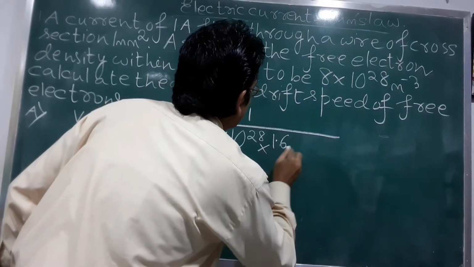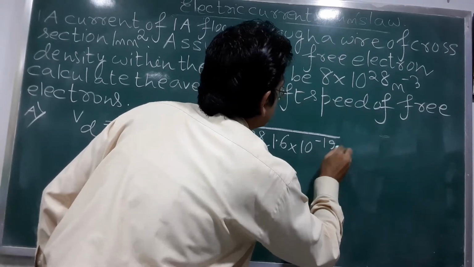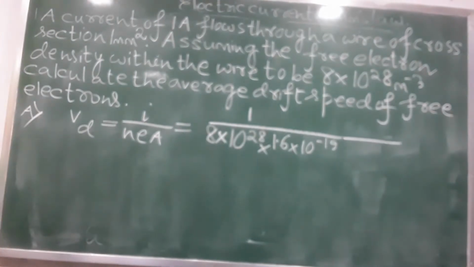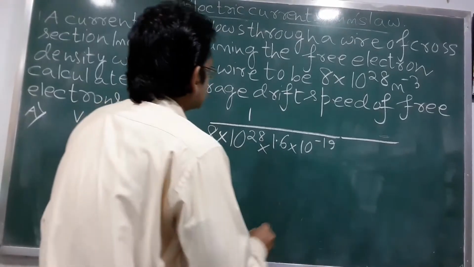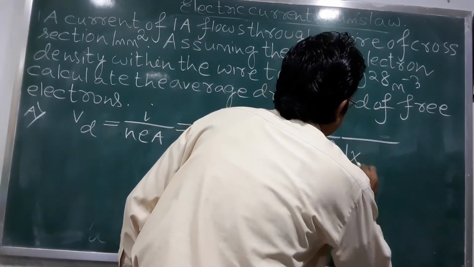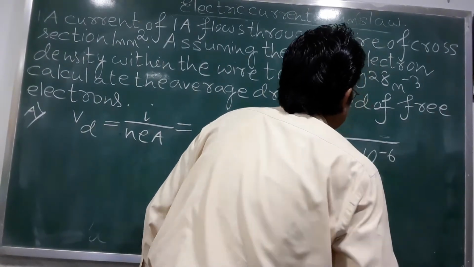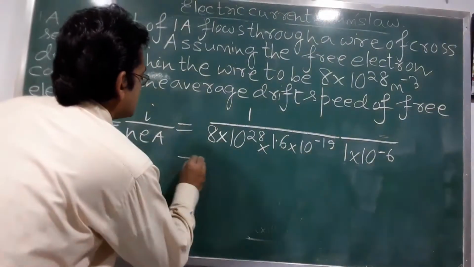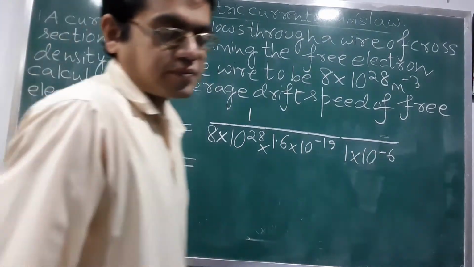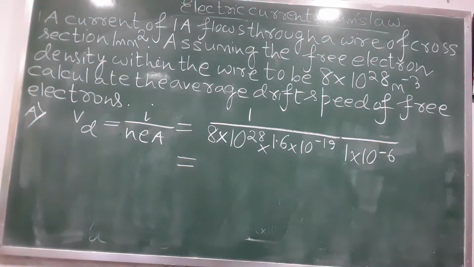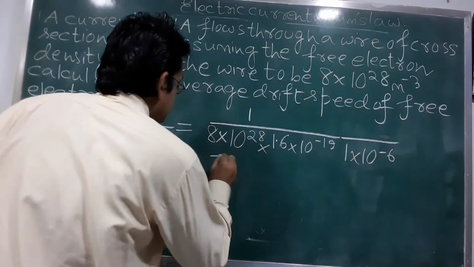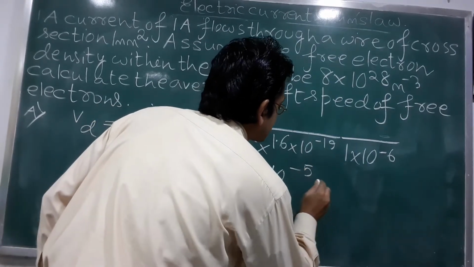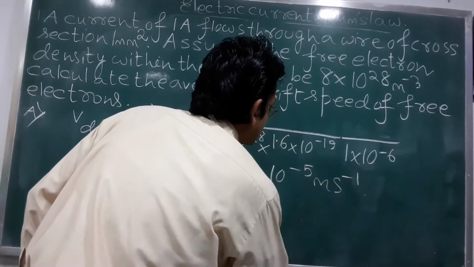Charge of the electron 1.6 into 10 to the power minus 19, and 1 millimeter square area of cross section means 1 into 10 to the power minus 6. It will give you the answer.